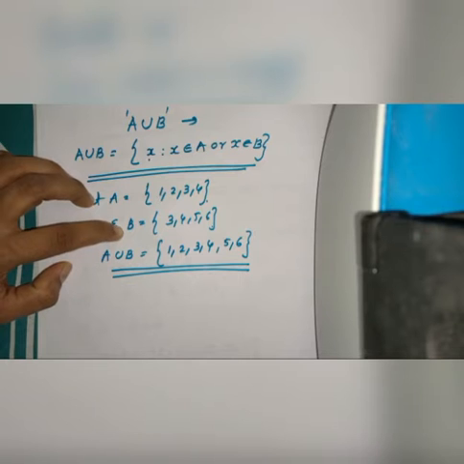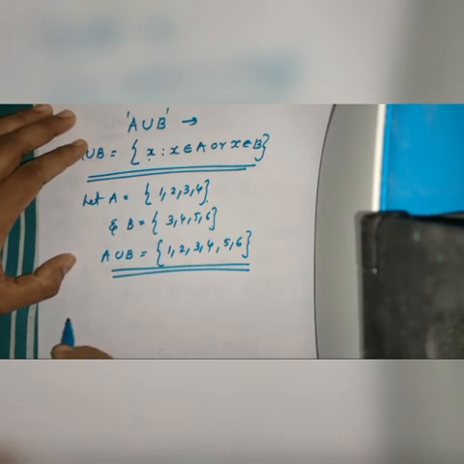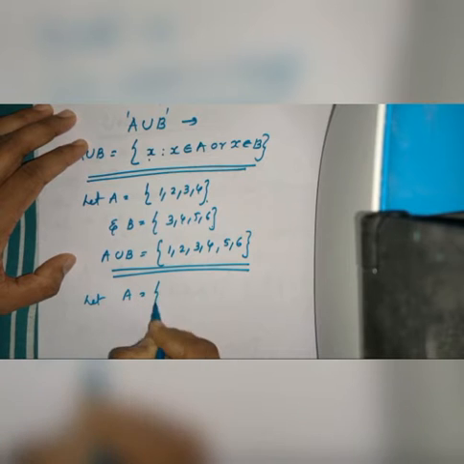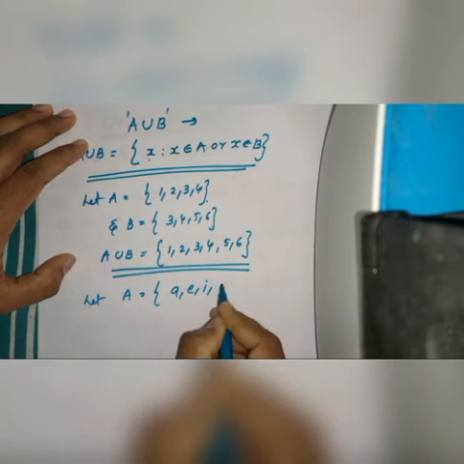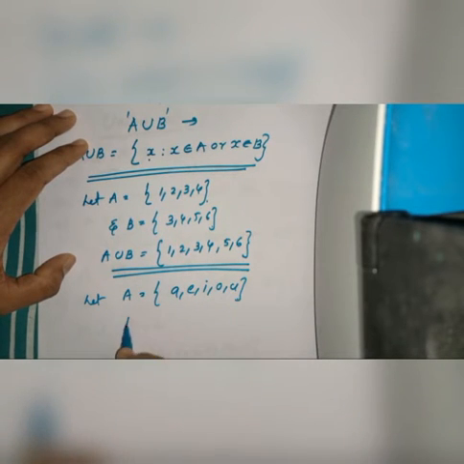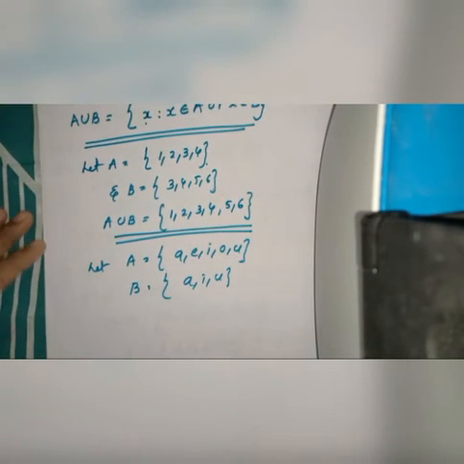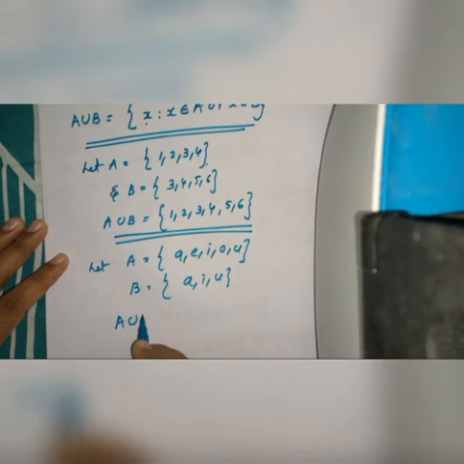Clear? Okay, next another example. Let A be {a, e, i, o, u}, and B is another set such that B is {a, i, u}. Do the operation A union B. So what is A union B?